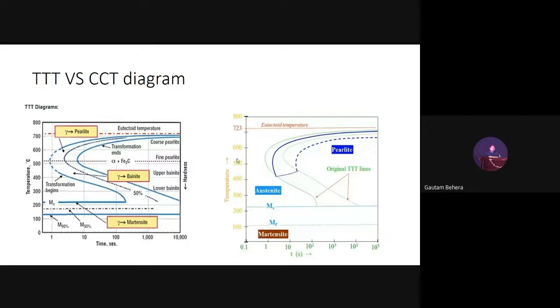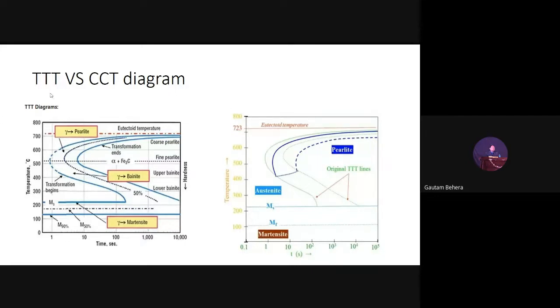So continuous cooling always gives you either pearlite or martensite, but that pearlite may be coarser or finer depending upon the rate of cooling. But if you want bainite, then you have to do fast quenching from the austenitizing temperature to the bainitic temperature region, and at the bainitic region you have to do holding, isothermal treatment. Then you will get bainite.